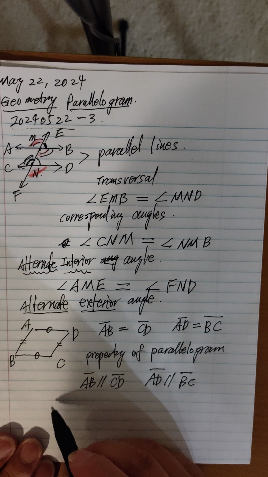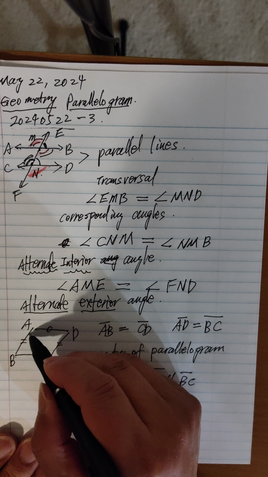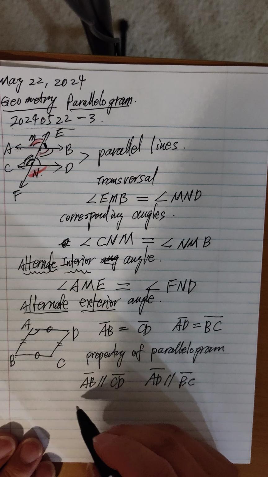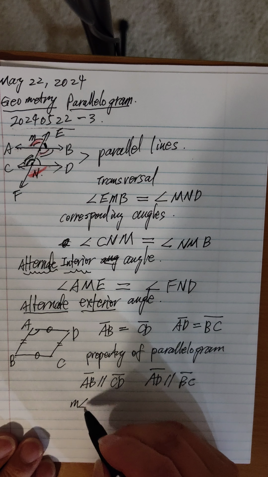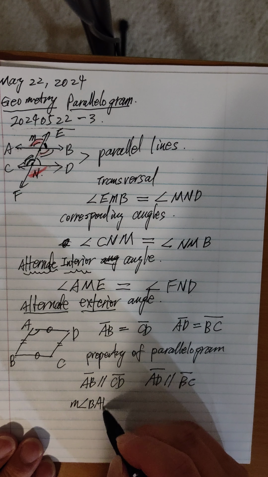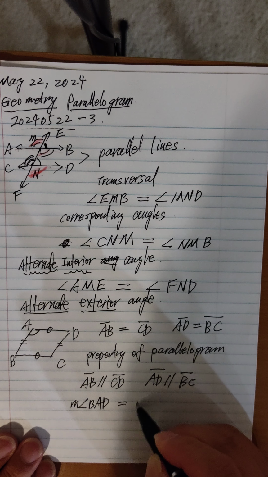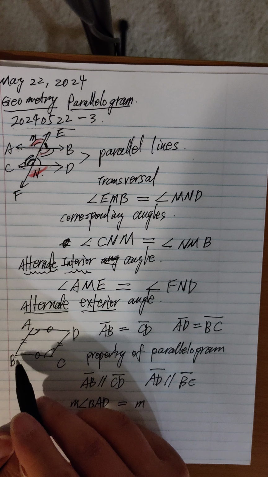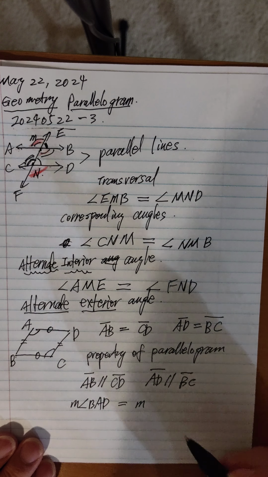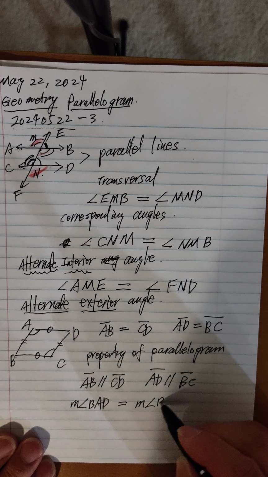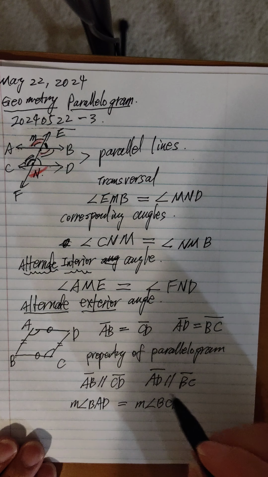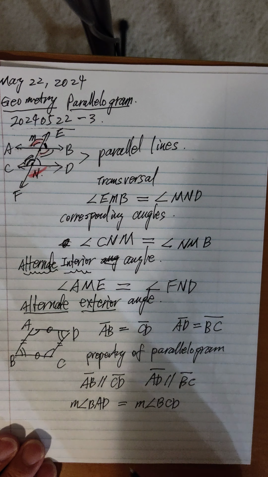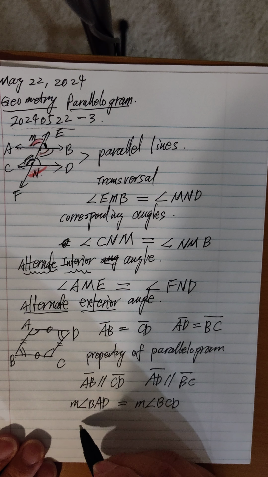And then additionally, we also have the angle BAD. The measure of the angle BAD is the same as the measure of the angle BCD, this one right here. If we look at those two angles, they are again the same.